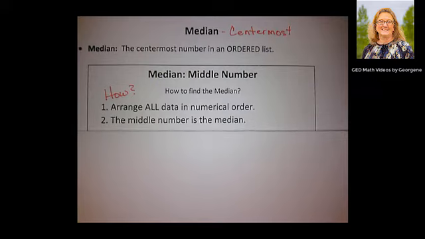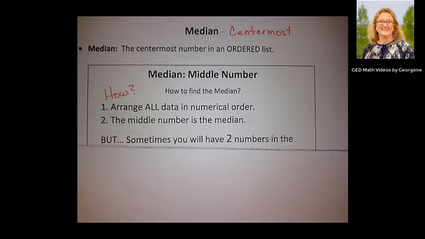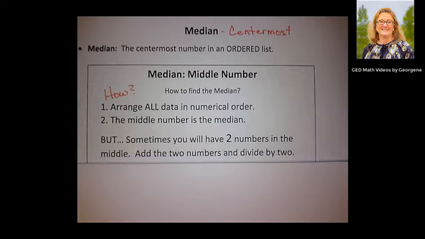It's the median number. When you find that middle number, you're going to have an equal amount of items on both the right and the left side of that middle number. But there is a but here.